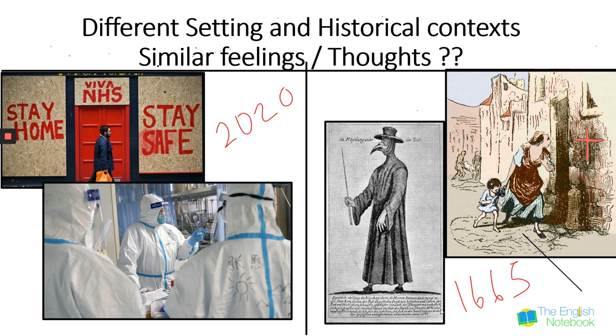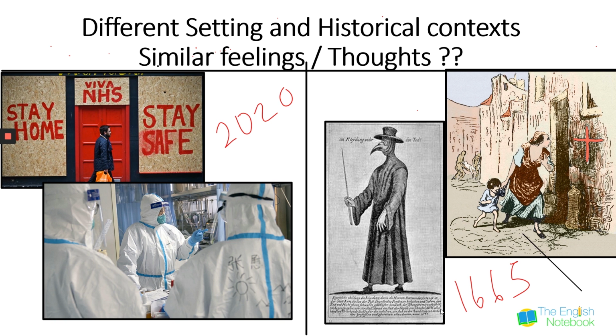And then on the right-hand side, it's a picture that pertains to the bubonic plague of 1665. And here, very different, same theme, same sort of topic about disease, right? Different historical context, as you can see, but perhaps similar feelings of fear, similar thoughts of how to curb the pandemic, how to contain the virus.